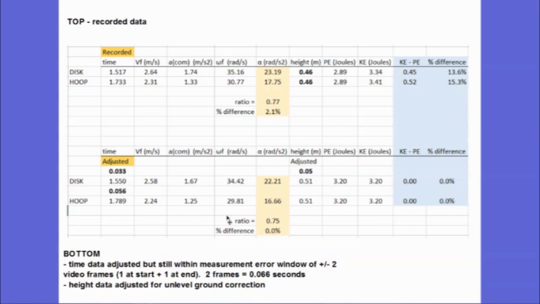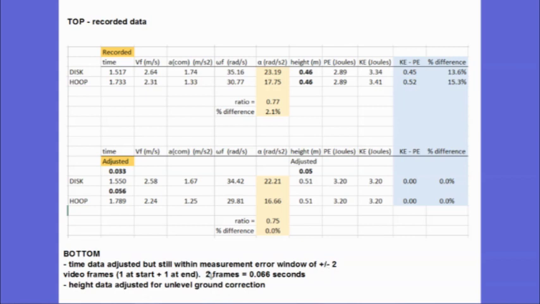And what I'm trying to show you here is that within our measurement error, do our laws of physics hold true? And so what I've said to myself is, I think I can measure the time within one frame of the video, but I have to account for the start of the time measurement and the end of the time measurement.